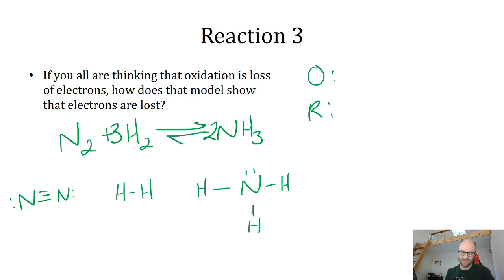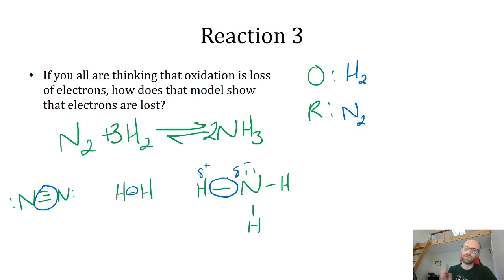So I think the answer, I'm going to switch back colors so we can talk about this, is going to be shown right there, there, and there. So nitrogen having a higher electronegativity than hydrogen will show a slight gain of electrons. So the nitrogen will actually end up reduced because of this process, and the hydrogen will end up oxidized.